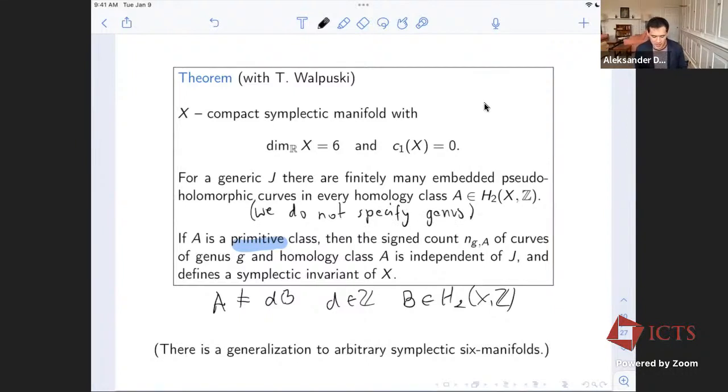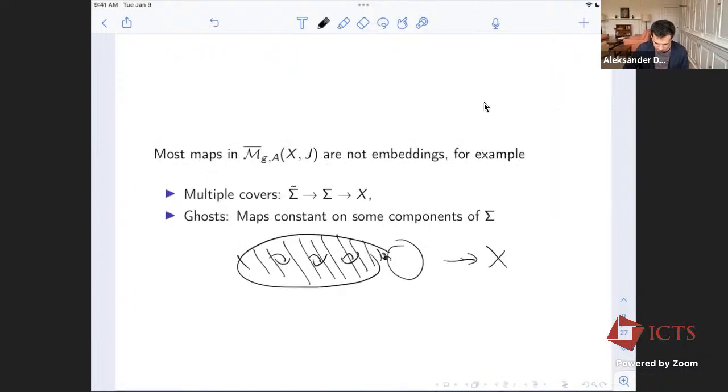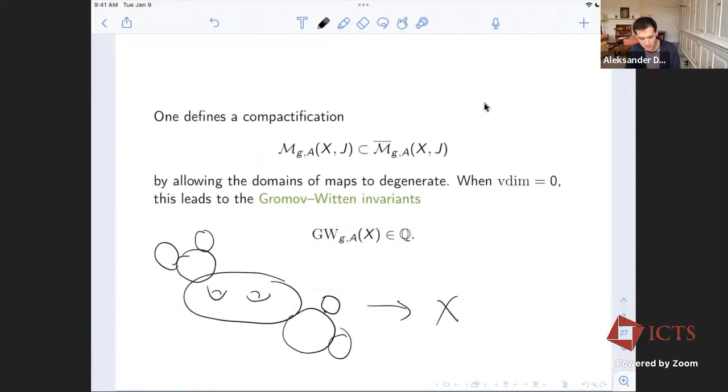And the reason I'm saying that is because if you go back to what I said earlier, there is this beautiful Gromov-Witten theory, and part of it is the Gromov compactness theorem, which says that the moduli space of stable maps of fixed genus and fixed homology class is compact. And this is the foundational compactness result in this theory.